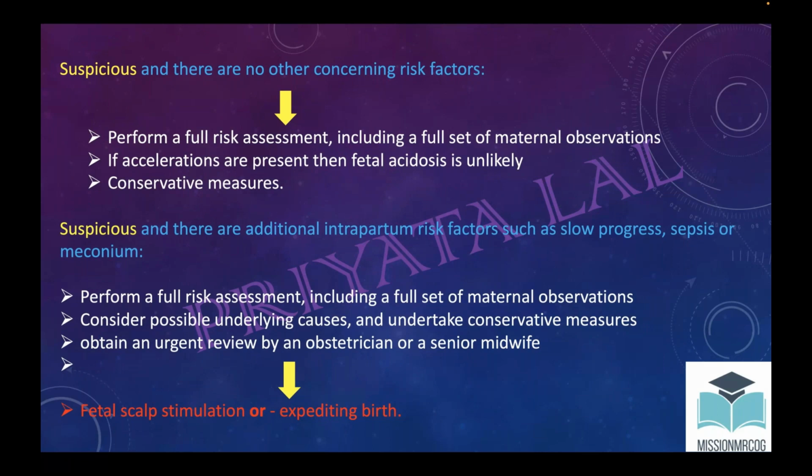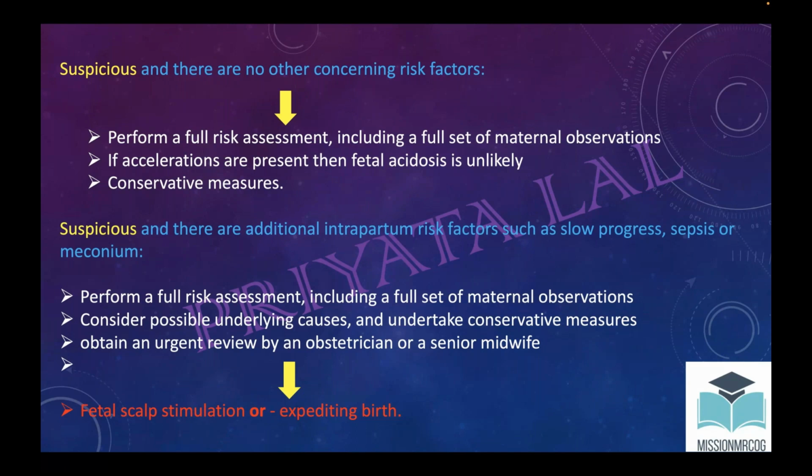And if suspicious CTG plus an intrapartum risk factor such as slow progress, sepsis and meconium, in that situation you have to do a full set of maternal observations, start conservative measures and review by the senior professional. If the patient is improving, then it is fine. Otherwise, you will consider fetal scalp stimulation or expedition of birth. Is it clear?